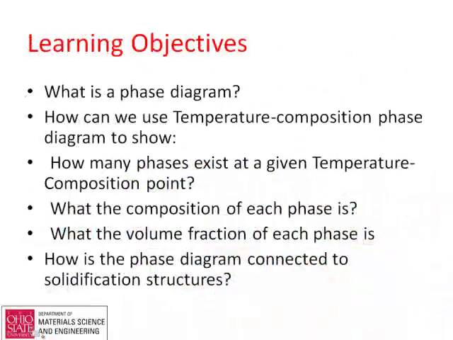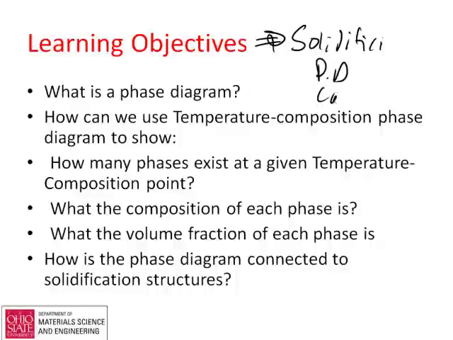So today what we're going to focus on primarily is solidification. I can't really talk and write at the same time. Phase diagrams and casting are the topics, and we're going to talk about what a phase diagram is.